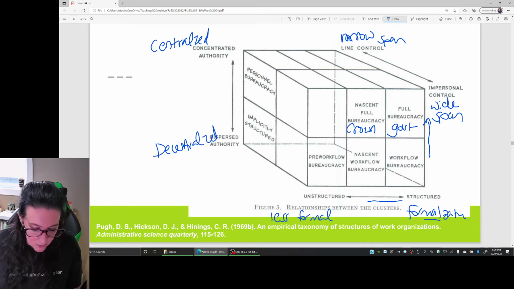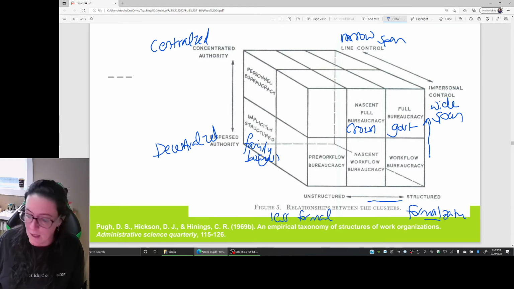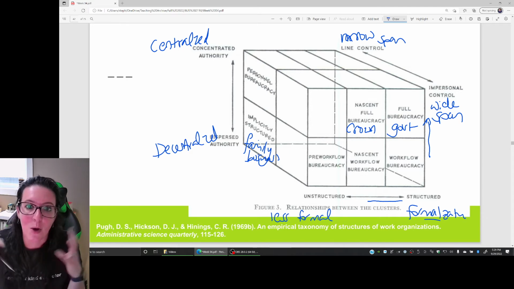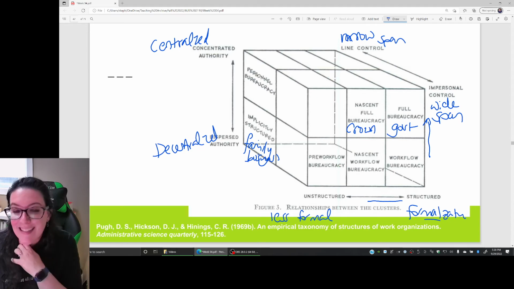All right, let's look at some of these other ones here. Let's look at the family-owned business. That's what he calls here implicitly structured. So the family business is less formal, right? Not a lot of rules and processes, is going to be more likely to be decentralized in his view.